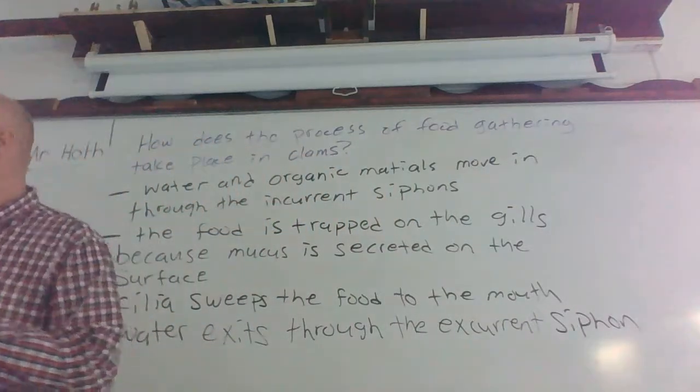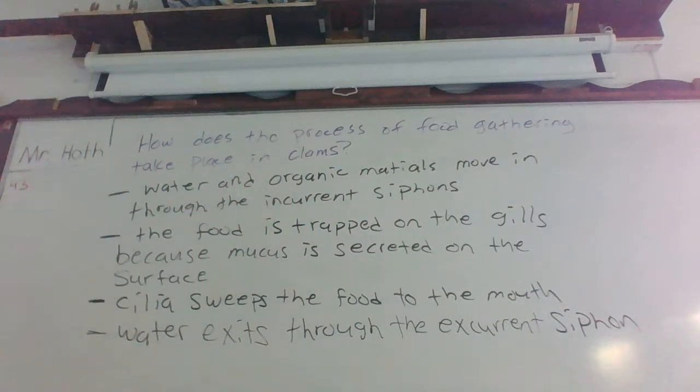So those gills have two functions. One, as we can see, is food gathering. The second is what? Any type of gill in any animal, whether it's fish or clams, is for breathing, for respiration. That's right. Okay. So when you connect the dots here, you might say something along the lines of the water and organic materials in clams moves in through the incurrent siphons, period.